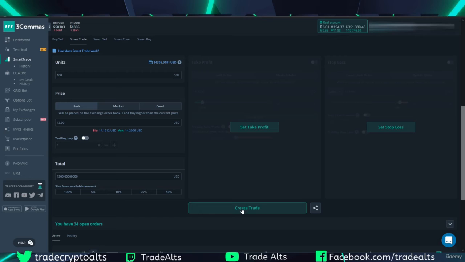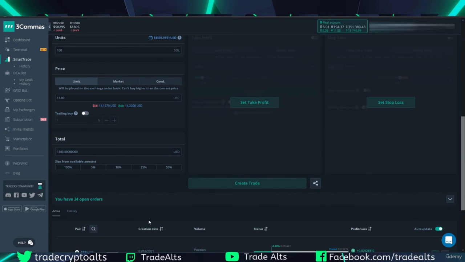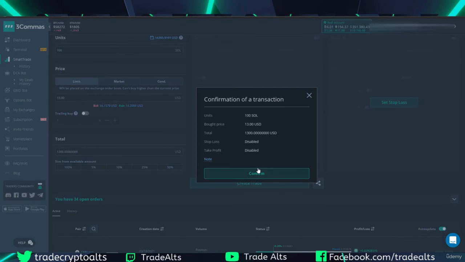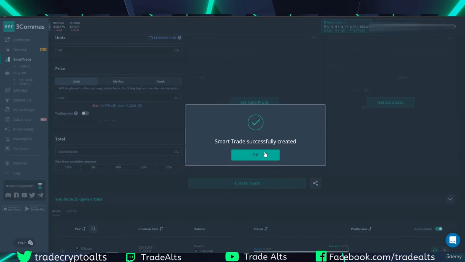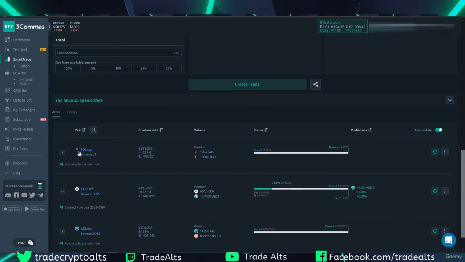Now you can literally click create trade right here, and it will just create an order in the books for you. We can just do that. Just click create and hit confirm, because we're not putting in a stop loss or a take profit. You just hit confirm. And just like that, you can see here Solana, Binance US, position.